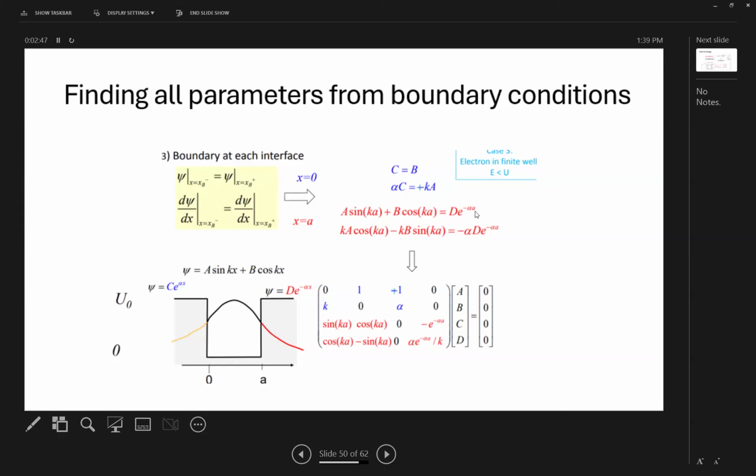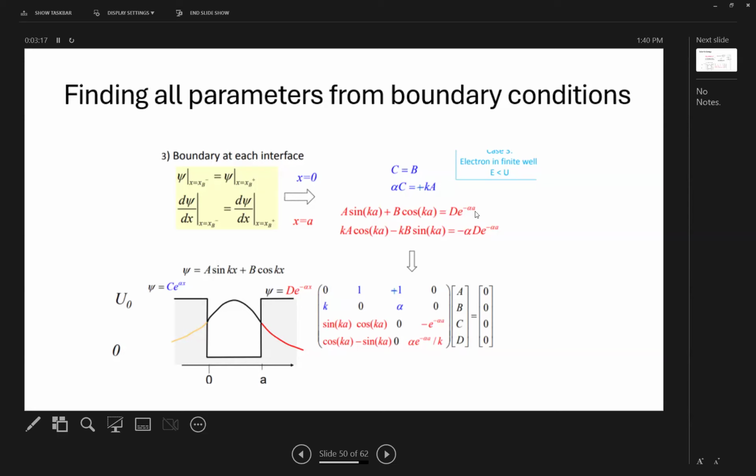In order to solve this potential well problem, we first have to assume how the wave function looks inside the well and also outside the well. Inside the well, the wave function would be a combination of a cosine kx plus b sine kx.